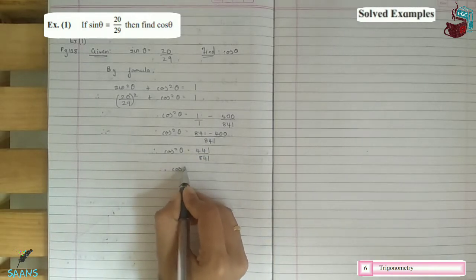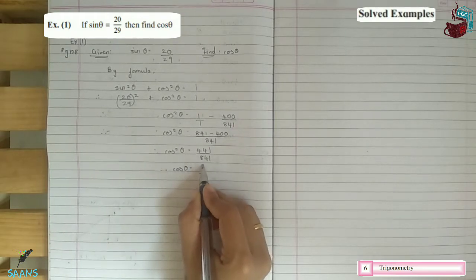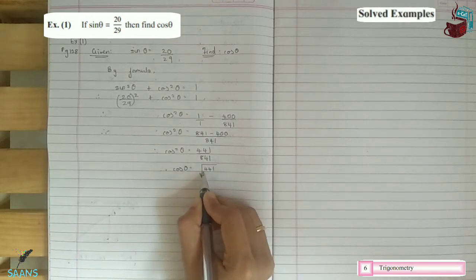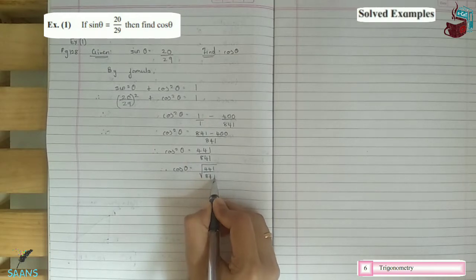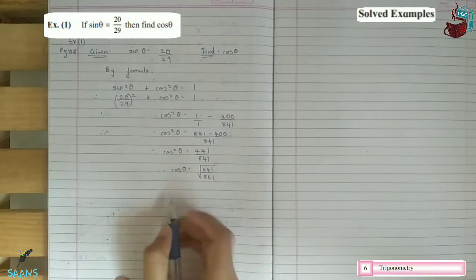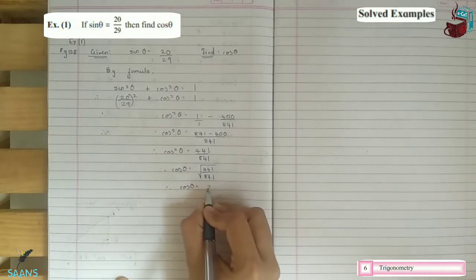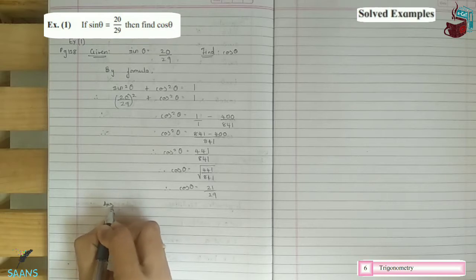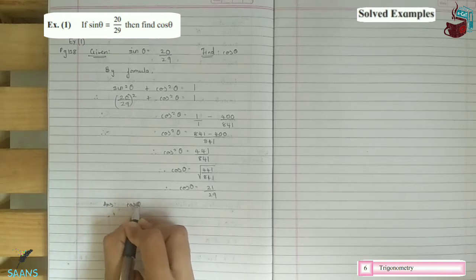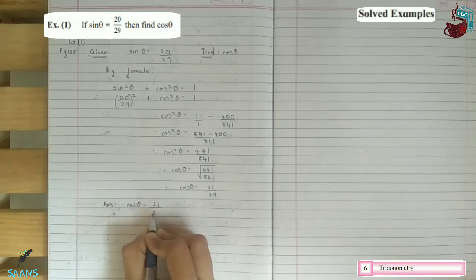Therefore, cos theta is equal to under root 441 upon 841. Now, 441 is the square of 21 and 841 is the square of 29. Therefore, the answer is cos theta is equal to 21 upon 29.